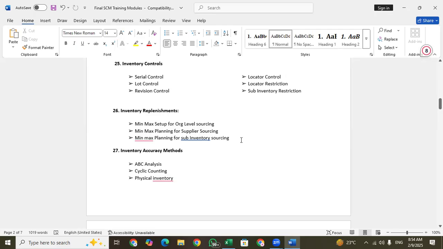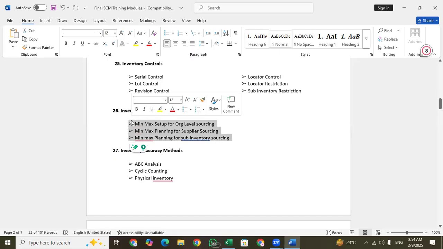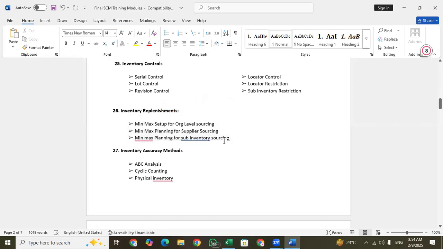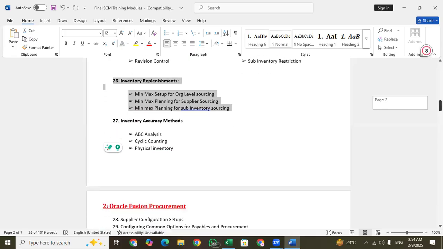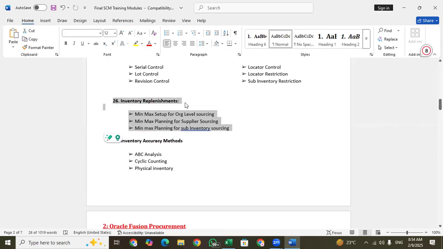Immediately the system creates an order; there are different types of sourcing. The system detects that a material is coming down, the stock is very low. Immediately the system creates a requisition or a transfer order based on this replenishment planning. That is what we discuss in replenishment planning. We call it planning methods.